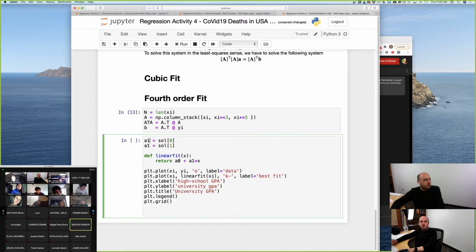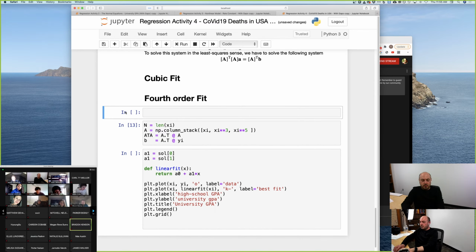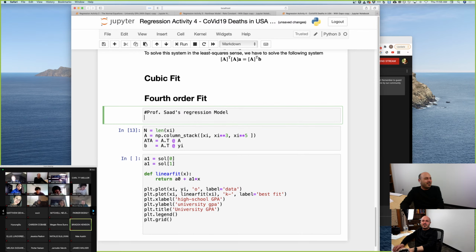And so I'm trying to fit, okay, Professor Saad's fit. Oh, that sounds weird. Professor Saad regression model. Okay, let's try y model is equal to a1 x plus a3 x cubed plus a5 x to the 5.